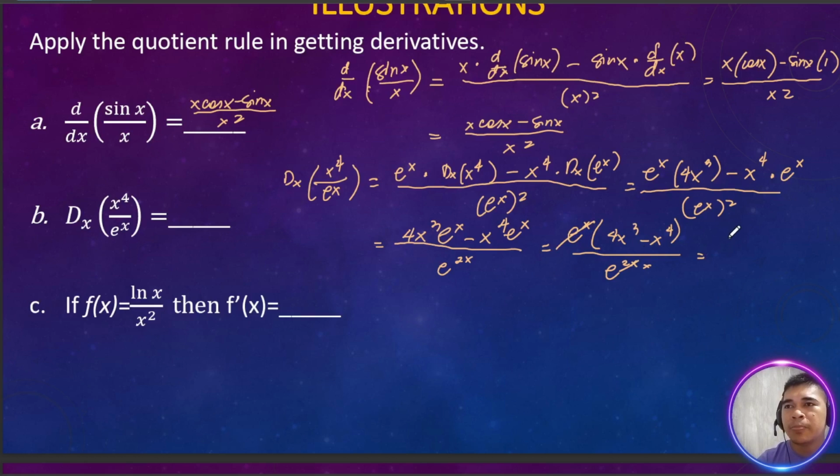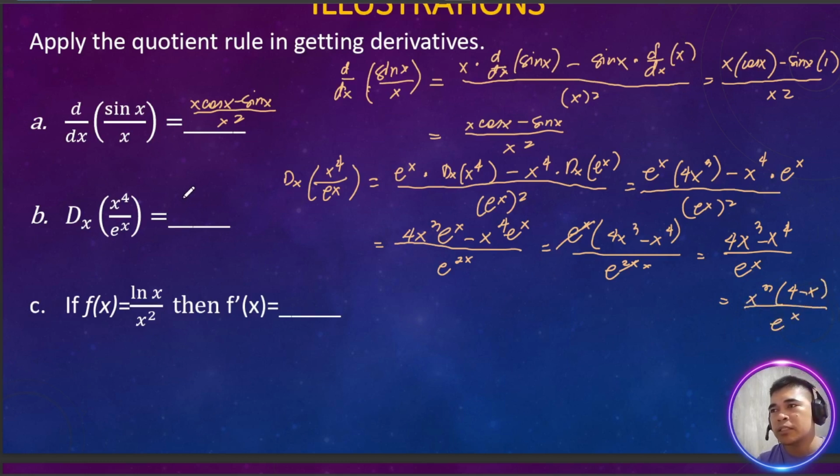So we got 4x cubed minus x to the power of 4 all over e to the power of x, or x cubed times 4 minus x all over e to the power of x. Right, x cubed times 4 minus x all over e to the power of x.